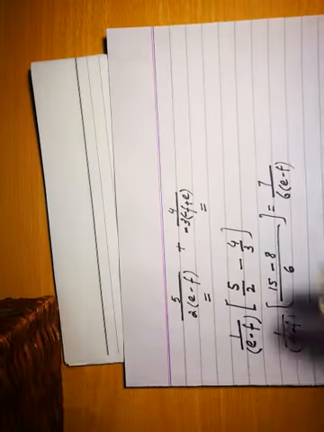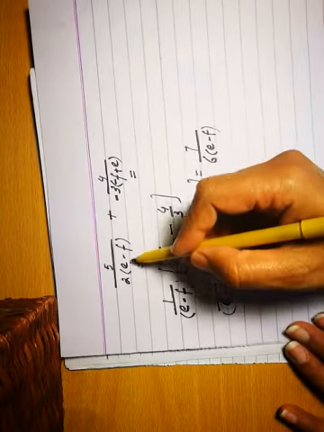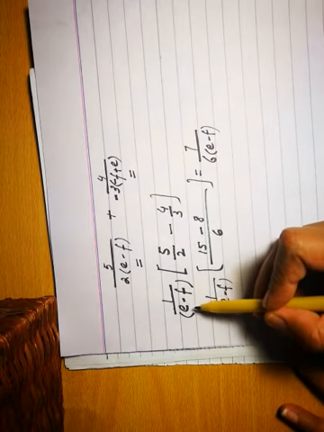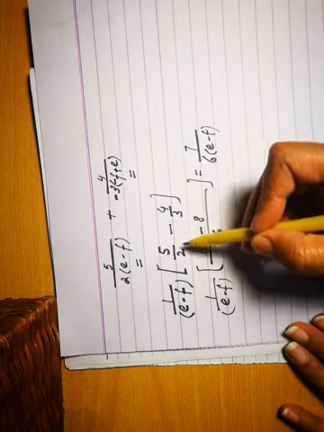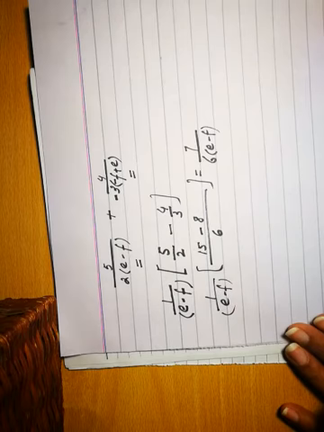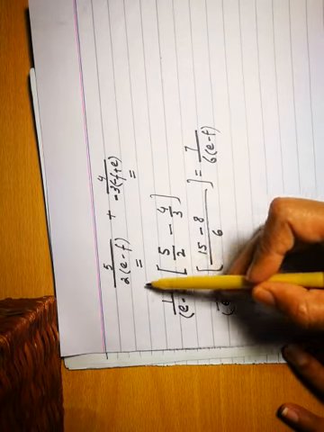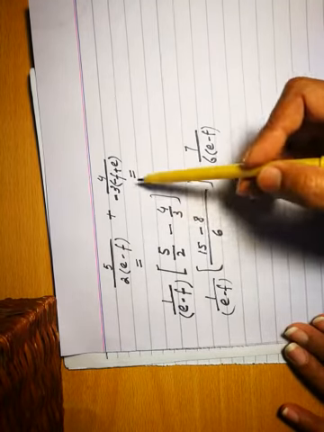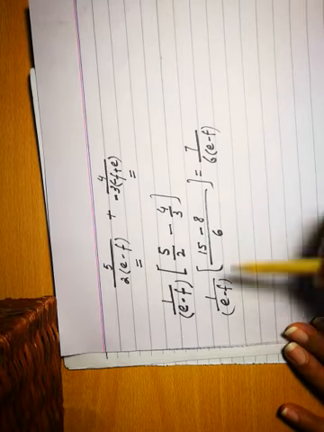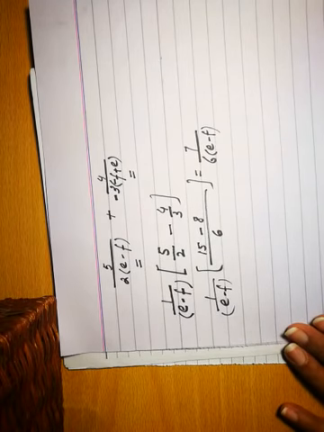How? Because if you're going to take 1 over e minus f common, you will be left with a simpler fraction inside the bracket. Here you are left with 5 over 2. There you are left with 4 by 3. So taking LCM will be easier.